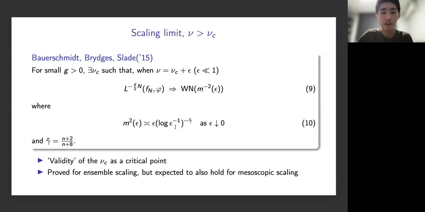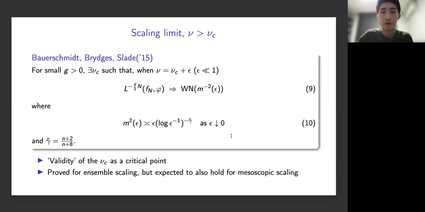I didn't write this in this slide, but you can also compute the susceptibility of this field using this formula. And you find out that the susceptibility is also given by m to the minus 2. So you see that the susceptibility diverges as epsilon tends to 0.